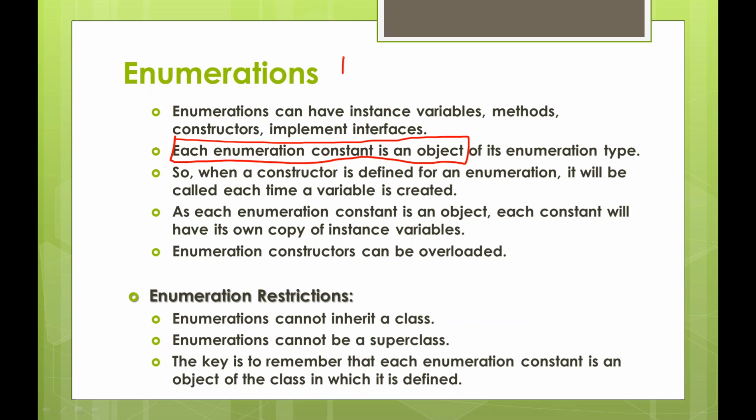That is why, whenever I refer to this as a variable, the enumeration constant itself is an object of enumeration type.